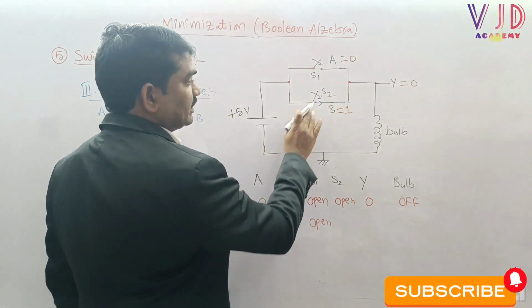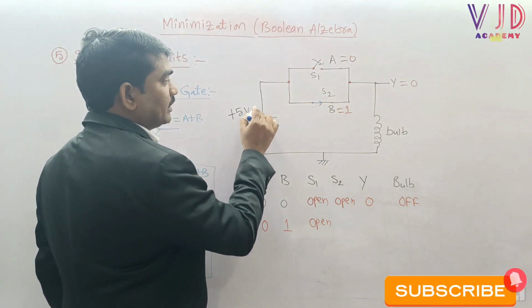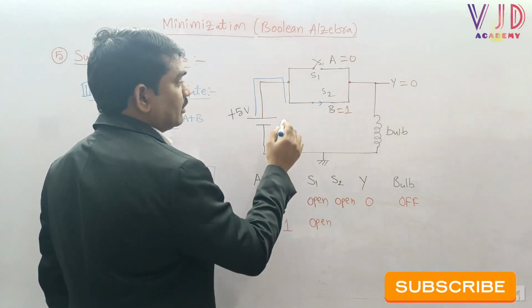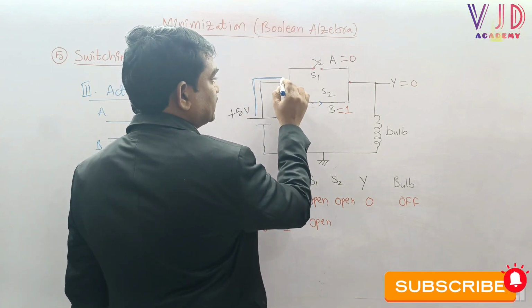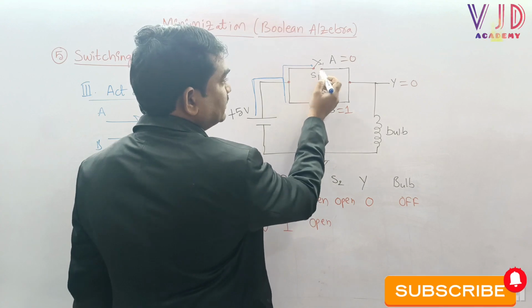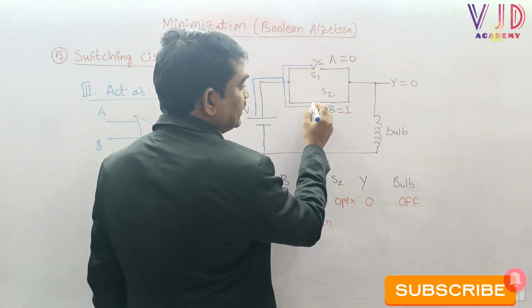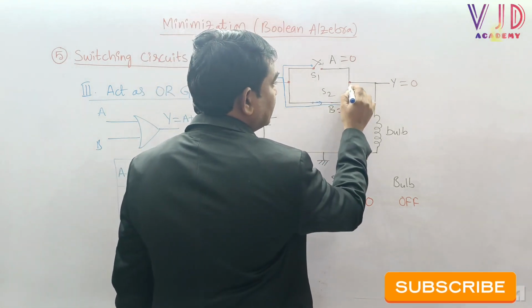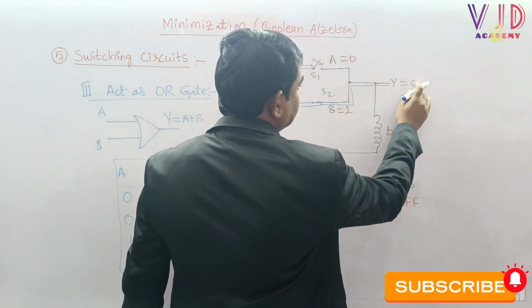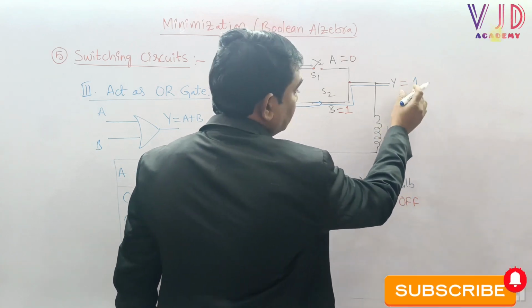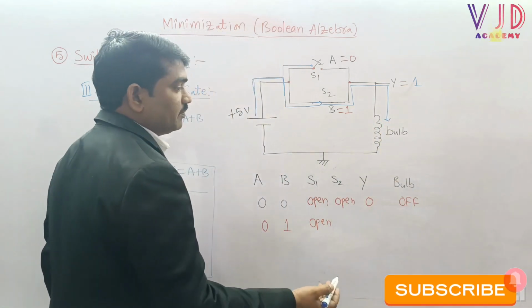Because of this established connection between input and output, the applied 5 volts power supply will go through S2 to output Y. The power supply will come towards the S2 switch, and through this connection it will reach output Y. Because it is reaching output Y, in the second case the output will be 1, and then the power supply will go to the bulb, and automatically the bulb will turn on.